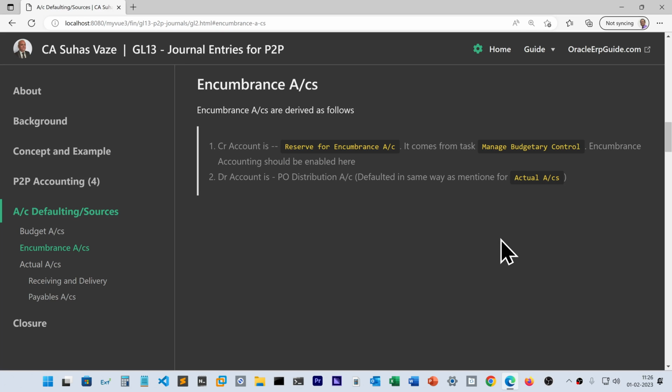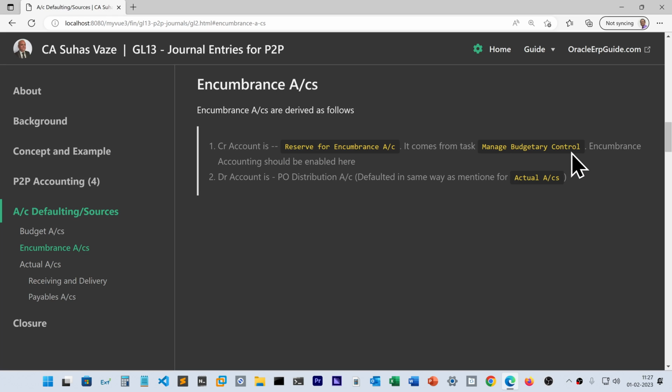Now, one thing to note here is the budget and encumbrance, both of these are optional. Encumbrance can be used only if budget is enabled. So you can have budget without encumbrance. You may not have budget as well as encumbrance. Both you can keep optional. But you cannot have encumbrance without using budget. The credit account is reserved for encumbrance.